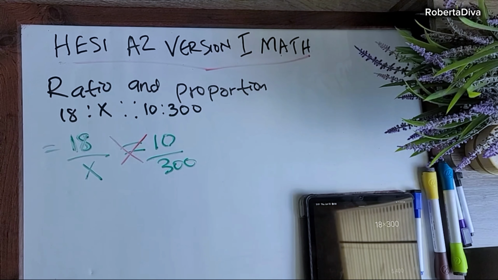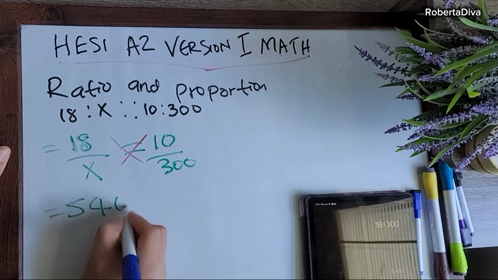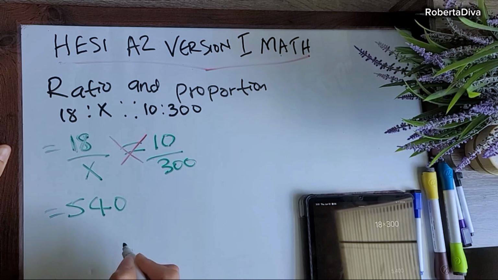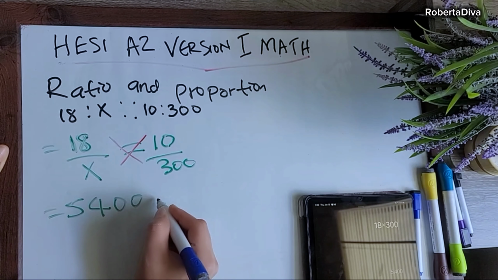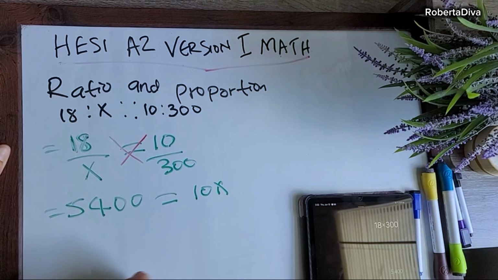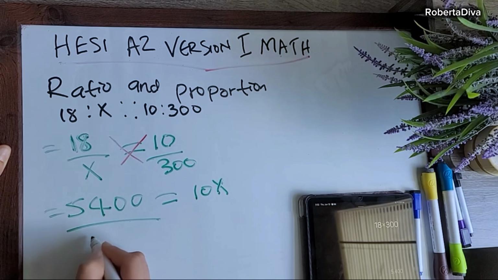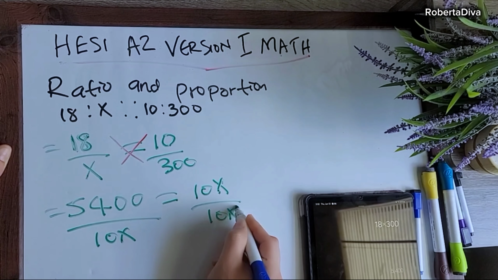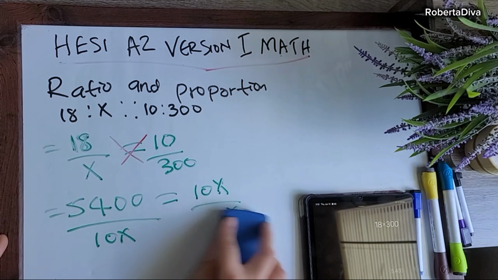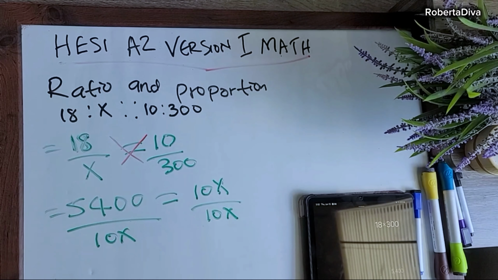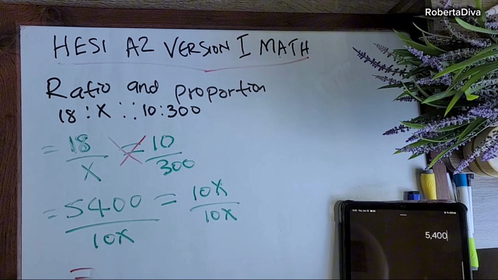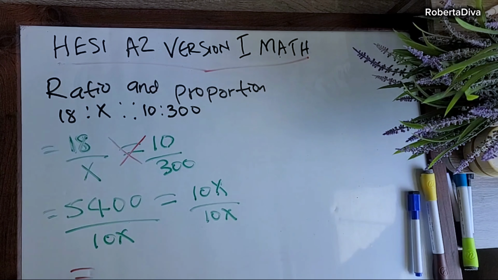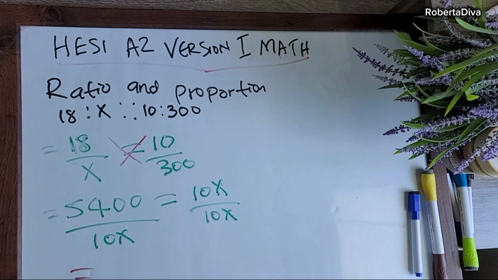Does this question look familiar? It kind of looks familiar to me. So you divide both sides by 10. 5,400 over 10 equals 10x over 10. 5,400 over 10 is going to give you what? 540, right?